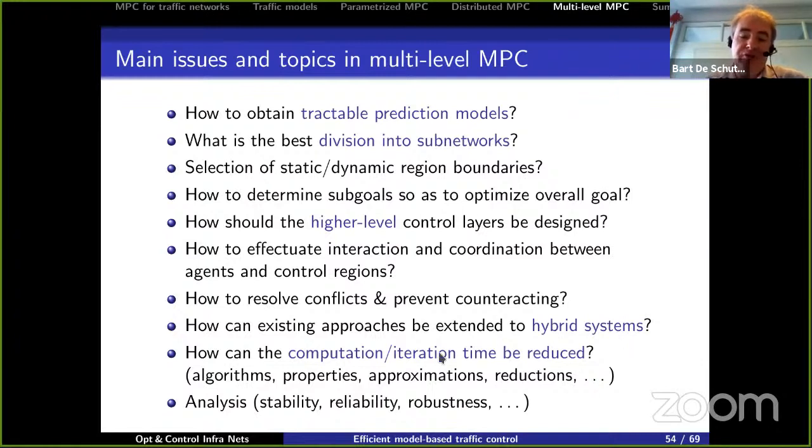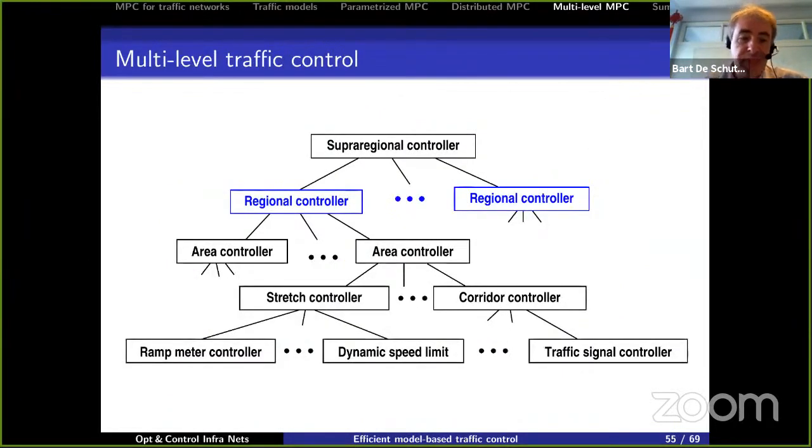And the main issue is, of course, how to reduce the computation time. And this is still a very active field of research, not only for traffic networks, but for networks in general. And both theoretical research has been done or is being done, as well as more applied research. And in the next slides, we will answer some of these questions for the case of traffic networks.